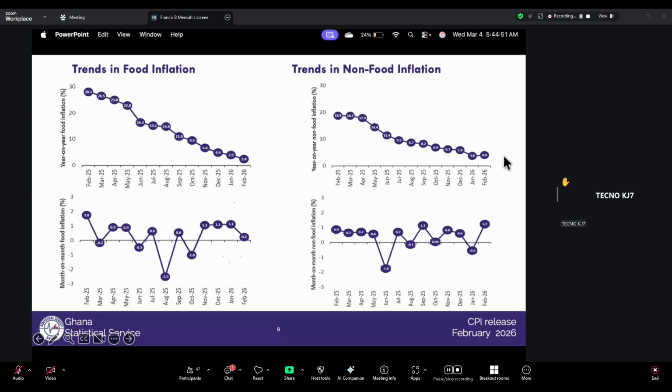Perhaps we'll be seeing a stable or maybe some rise, although it will be marginal, in inflation in the coming months. Thank you, Justice. Do we have any other?